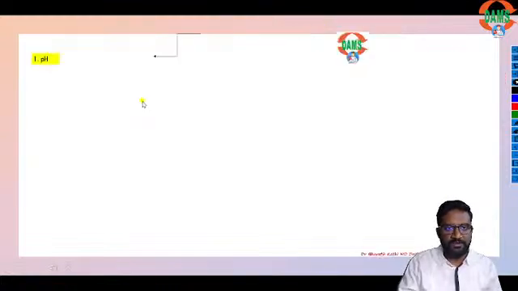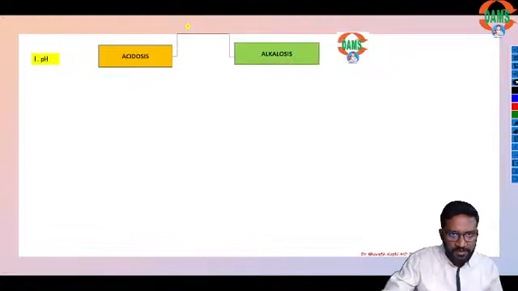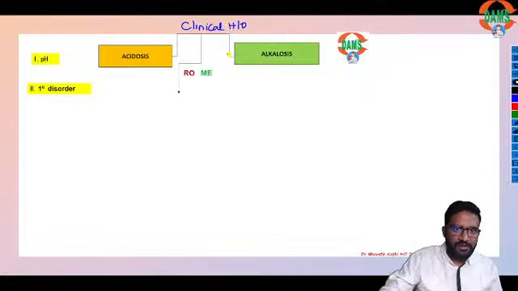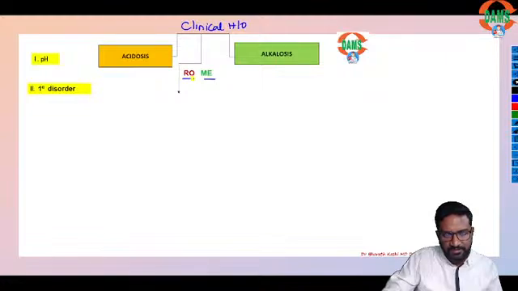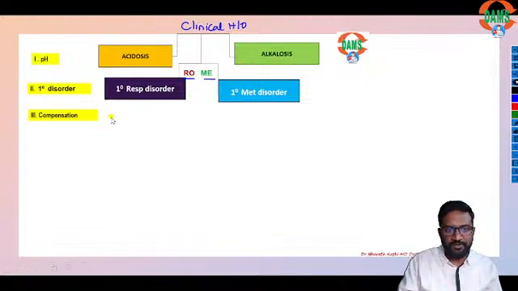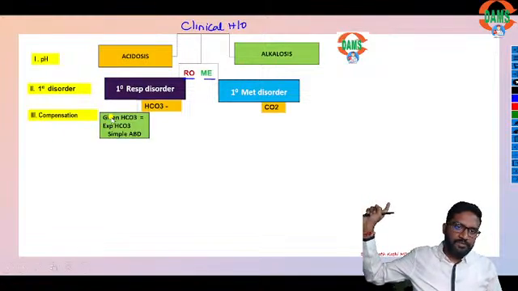First, when they give you any ABG, after seeing clinical history, see the pH. Is it acidosis or alkalosis? And by direction of change, if it is in the same direction, it is metabolic; change in pH with respect to parameters, opposite, it is respiratory. Then after identifying the primary disorder, compensation. Primary respiratory, we see metabolic compensation.